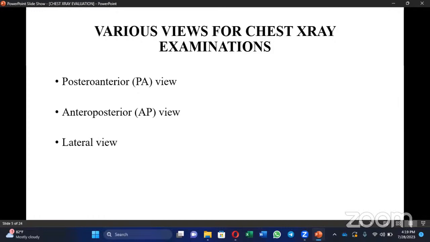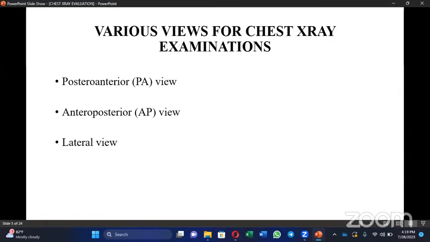It is very easy to know that this image is a lateral chest X-ray, okay? But however, let's focus on how to differentiate between the posterior anterior view image and the anterior posterior view image, okay?